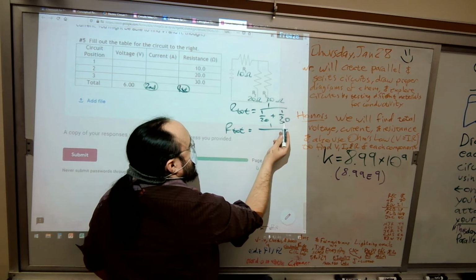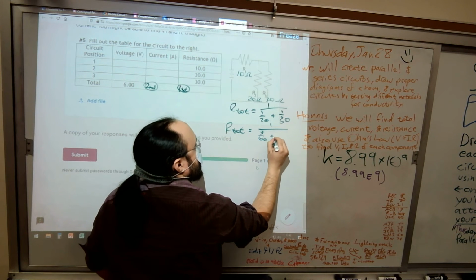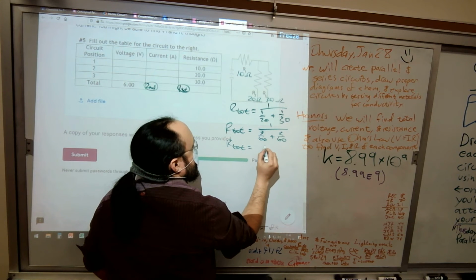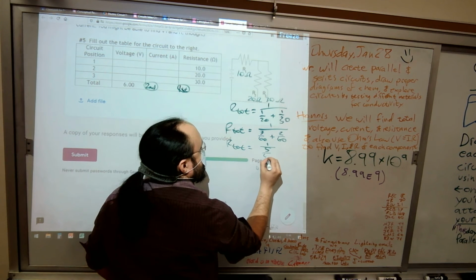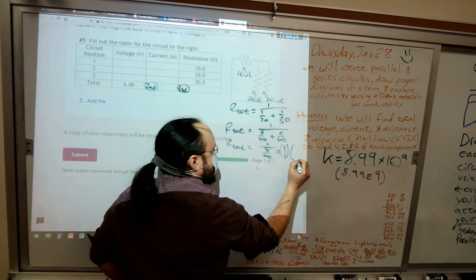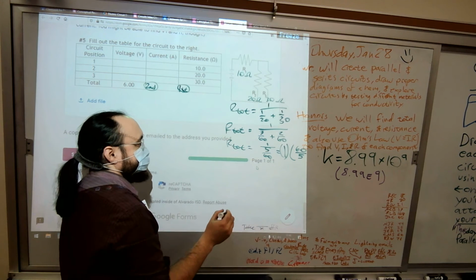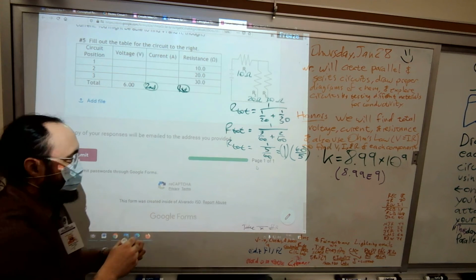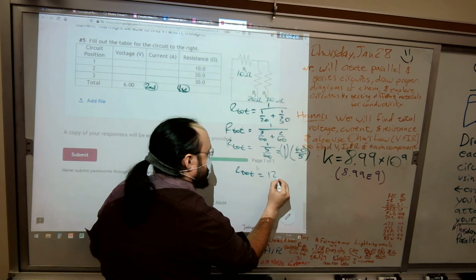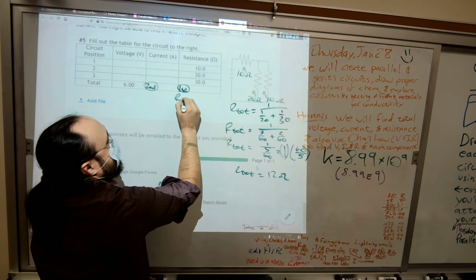So let's see, that would be 60, right? 1/20th is equal to 3/60ths, and 1/30th is equal to 2/60ths, and that whole thing is equal to 5/60ths, which is equal to, because dividing by a fraction is the same as multiplying by its reciprocal, 1 divided by 5/60 is the same as 1 multiplied by 60 divided by 5. And that's the same as 1 times 12, so the total resistance for that group of R2 and R3 is 12. And now we can add up the ones regular.